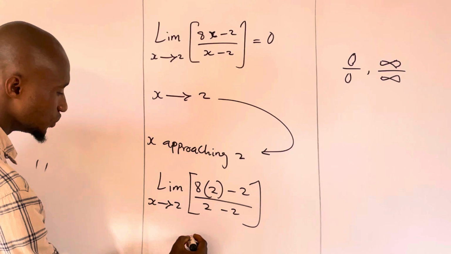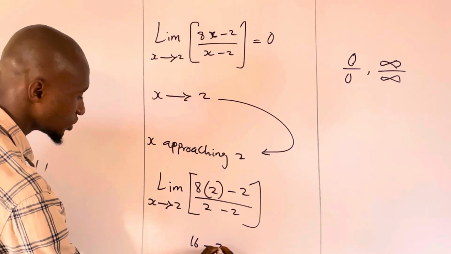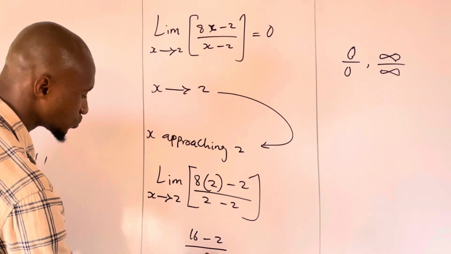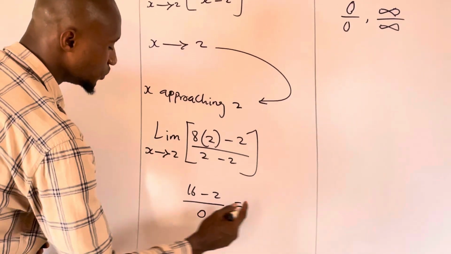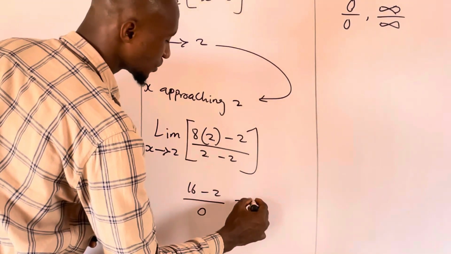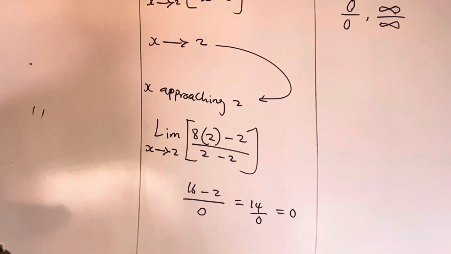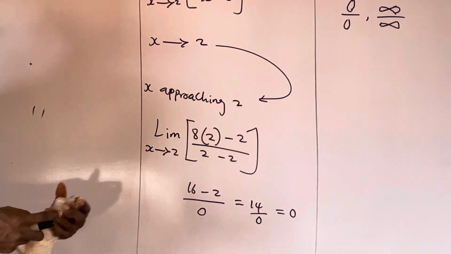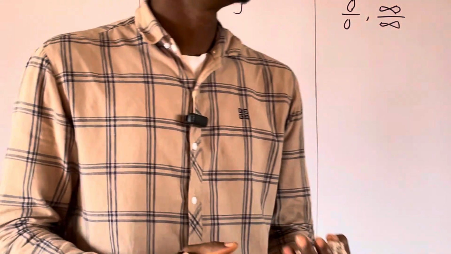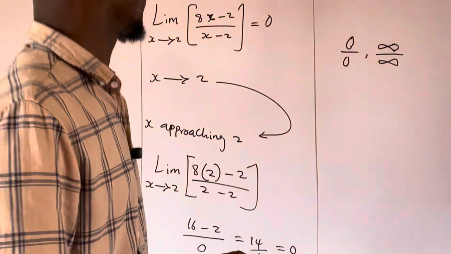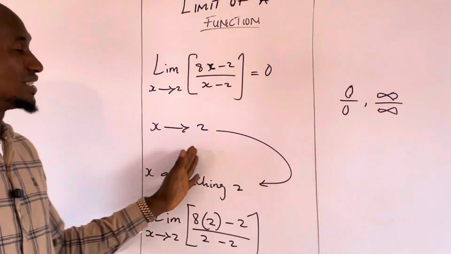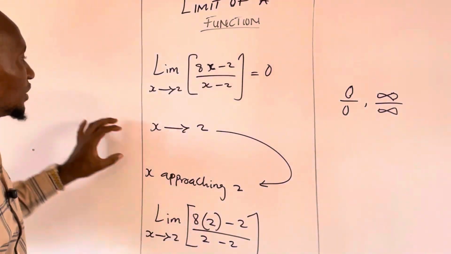So this will give you 16 minus 2 over 2 minus 2, which gives us 0. 16 minus 2 gives us 14, and 14 over 0 gives us what? Did you understand?